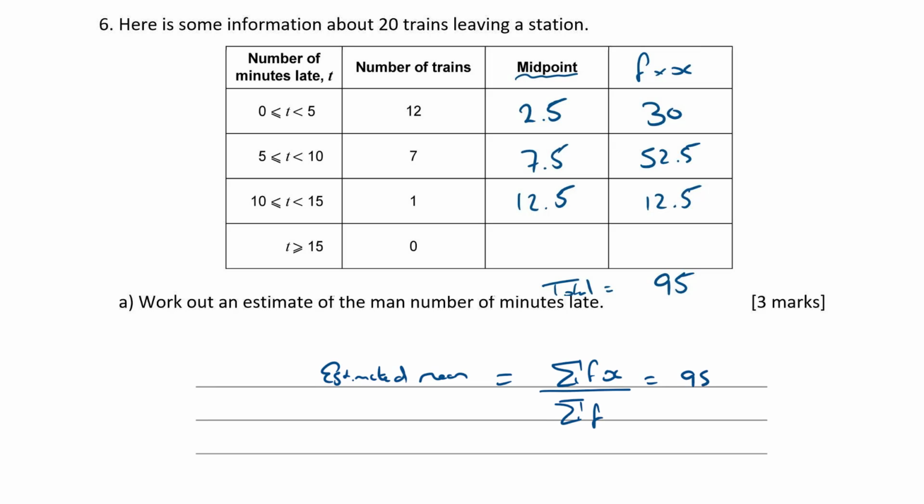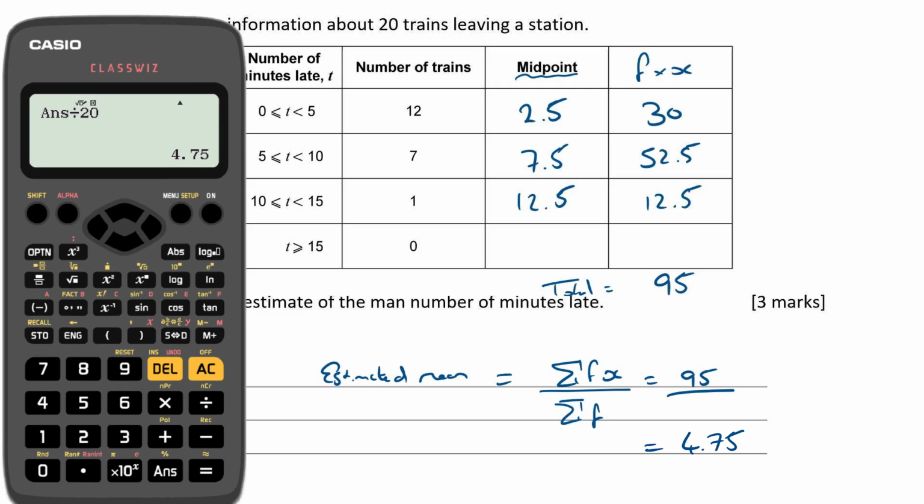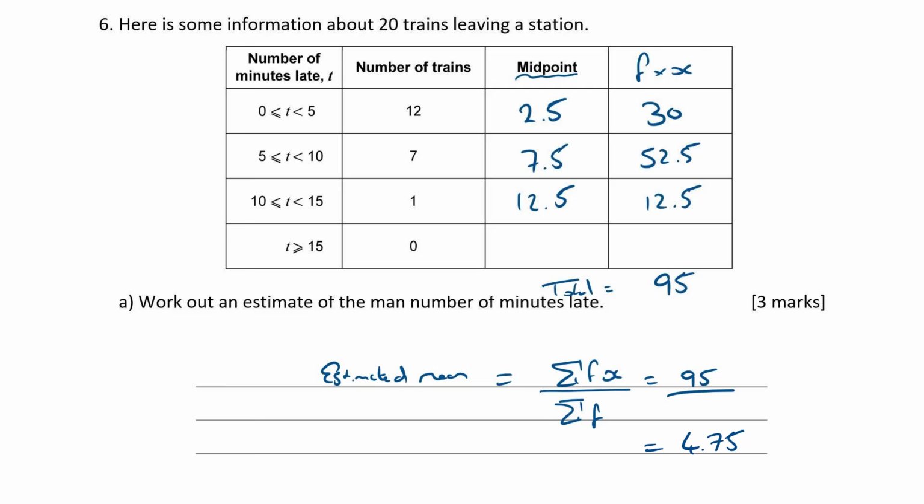So it's going to be 95 divided by the sum of the frequencies. 12 plus 7 plus 1 adds up to 20, doesn't it? 20 trains. So 95 divided by 20, 4.75. So we're saying on average there is 4.75 trains. Oh no, 4.75 minutes, isn't it?